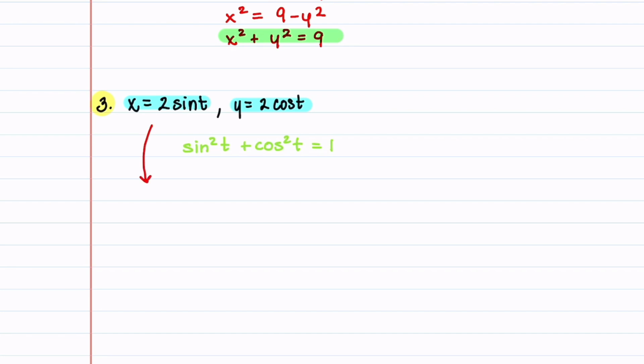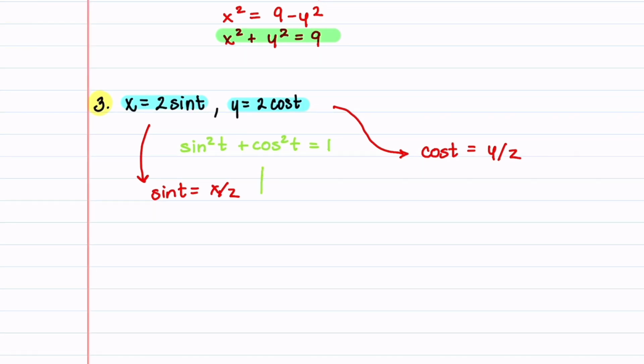In the equation for x, we see that sine t is equal to x over 2, and in the equation for y, we see that cosine t is equal to y over 2. Our identity equation then becomes sine squared, which is x divided by 2 squared, plus cosine squared, which is y divided by 2 squared, is equal to 1.